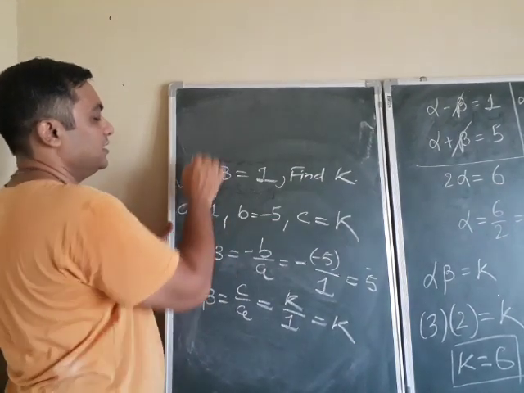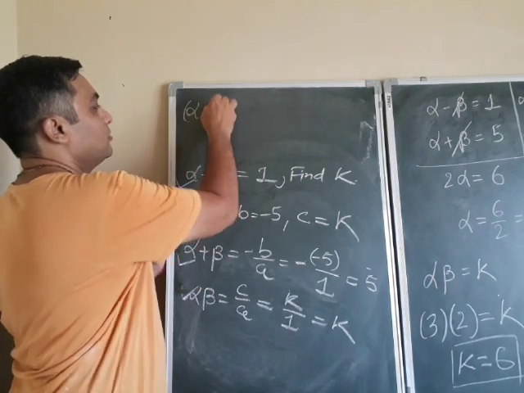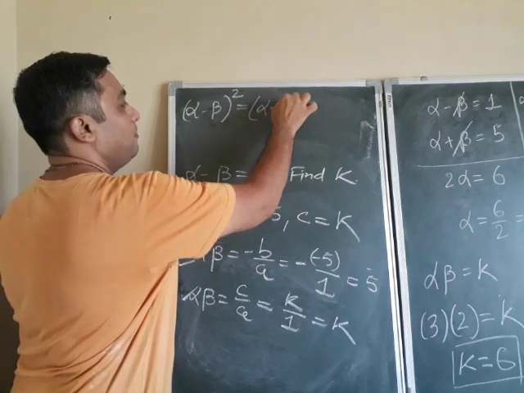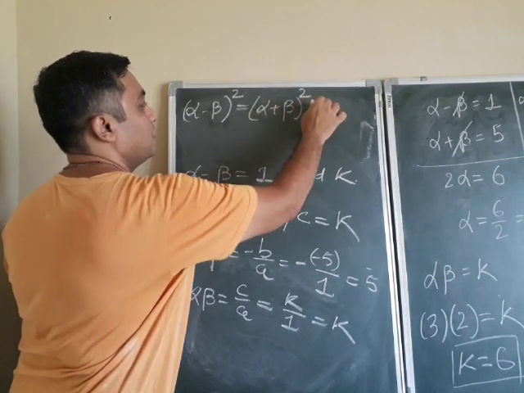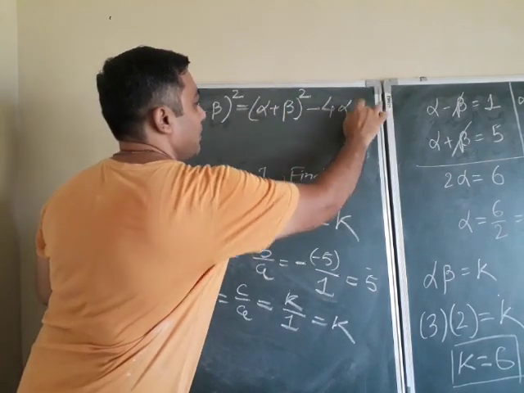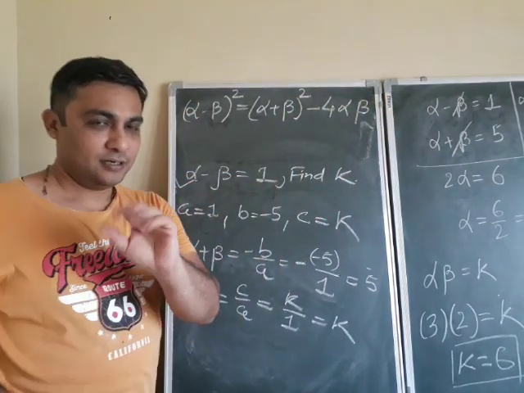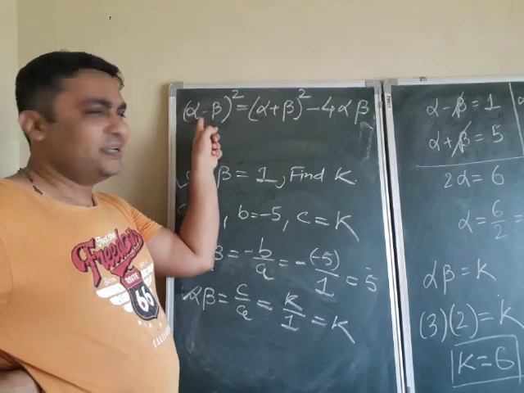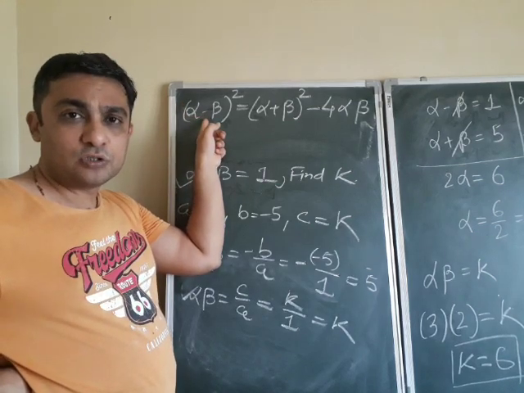See, alpha minus beta the whole square is equal to alpha plus beta the whole square minus 4 alpha beta. Let me explain. What is the middle term of alpha minus beta the whole square?